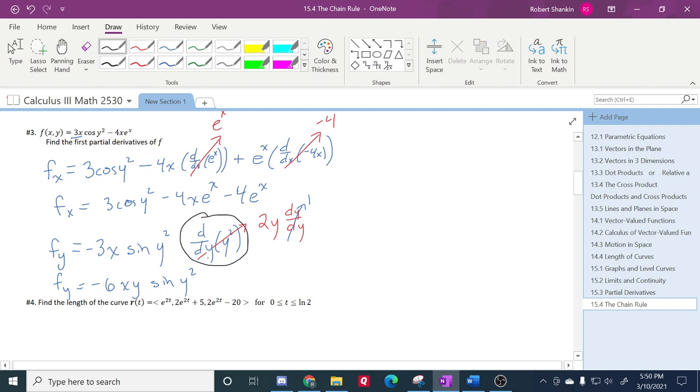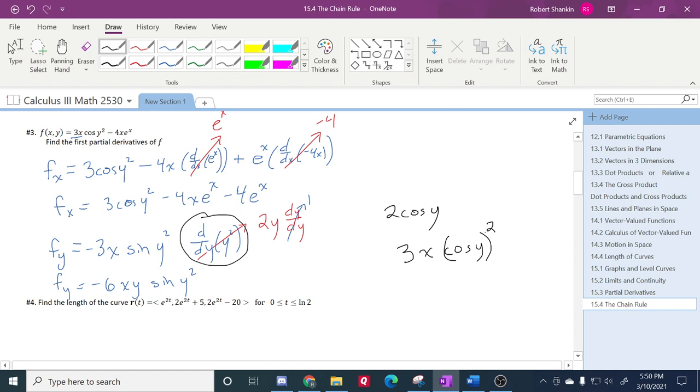Okay, so what I got is 2 cosine y times minus a sine y. I take cosine y as a u. I think what you were interpreting it as is 3x cosine y, squared.